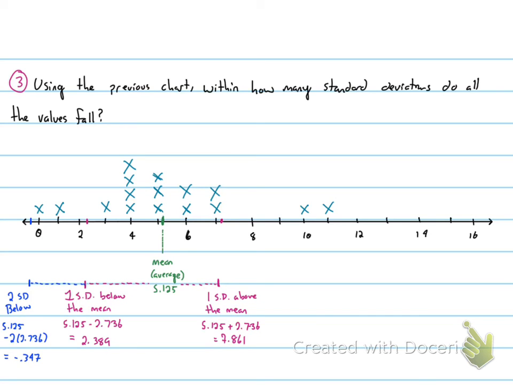If I subtract my standard deviation again, I get negative 0.347. That includes everything below, because we can't have a negative number of wins. And then 2 standard deviations above is going to be around 10.5. So all those values that fall in that category are within 2 standard deviations of the mean.